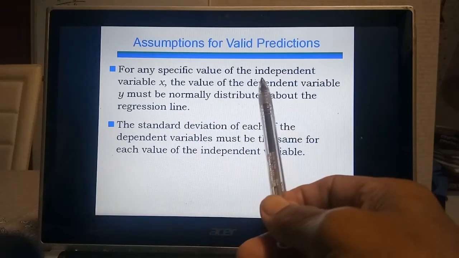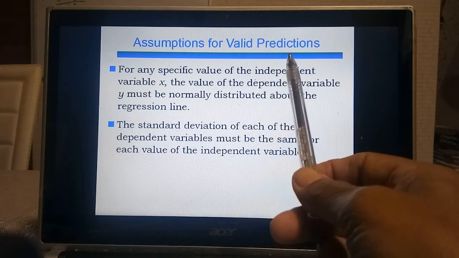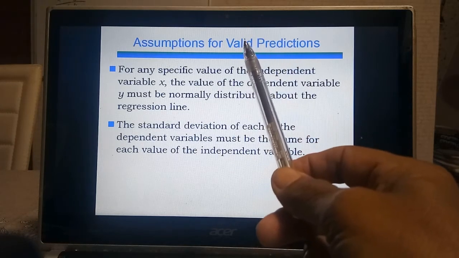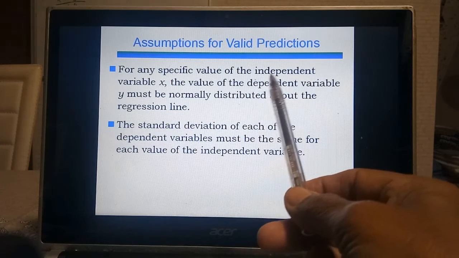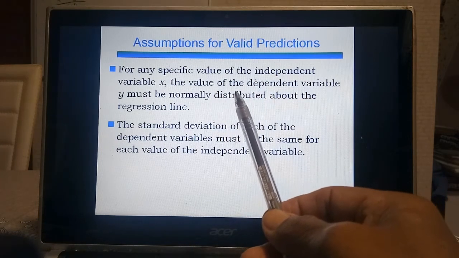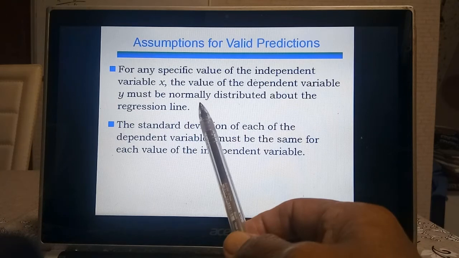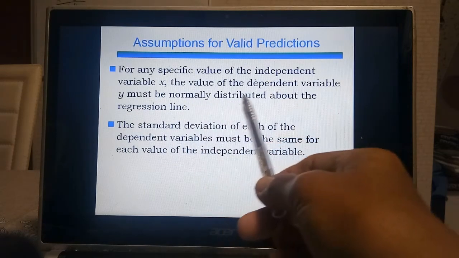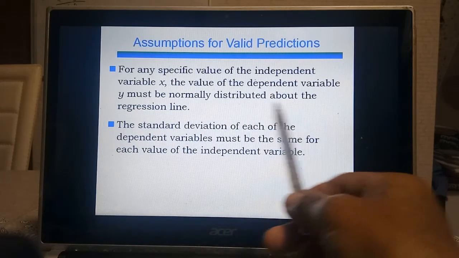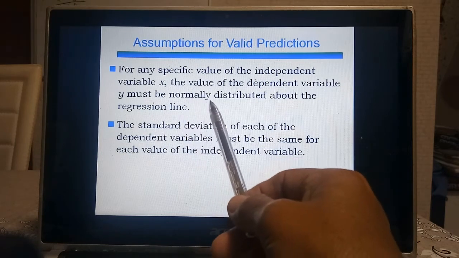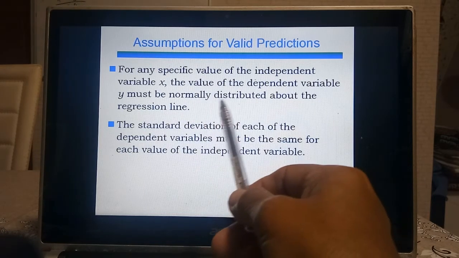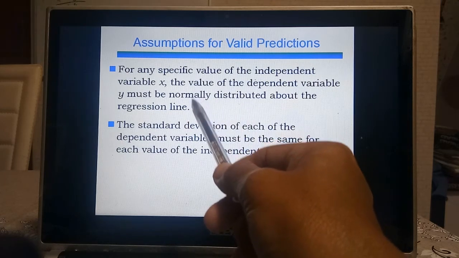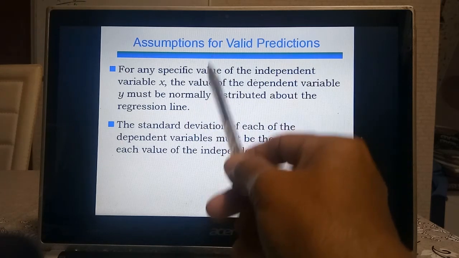Okay, for making valid predictions, we need to make some assumptions. For any specific value of the independent variable X, the value of the dependent variable Y must be normally distributed about the regression line. So untuk setiap nilai X, nilai Y itu mestilah normally distributed, mestilah tertabur secara normal. Itu adalah first assumption.